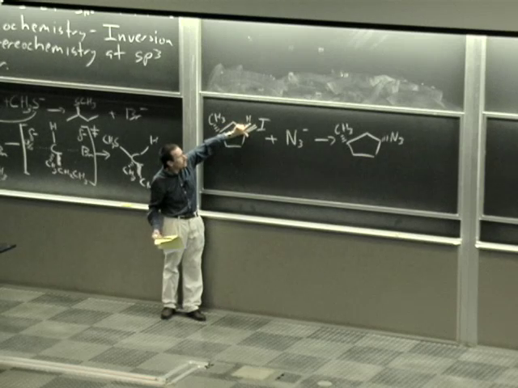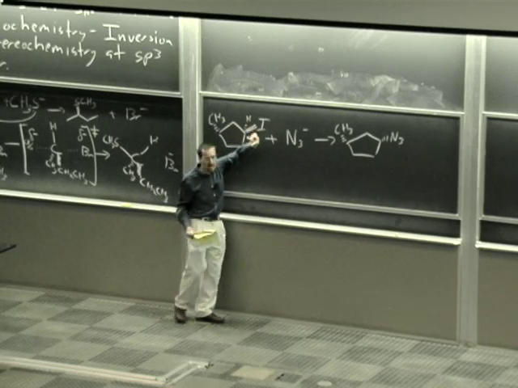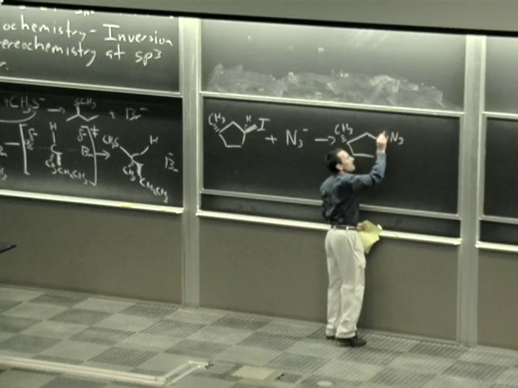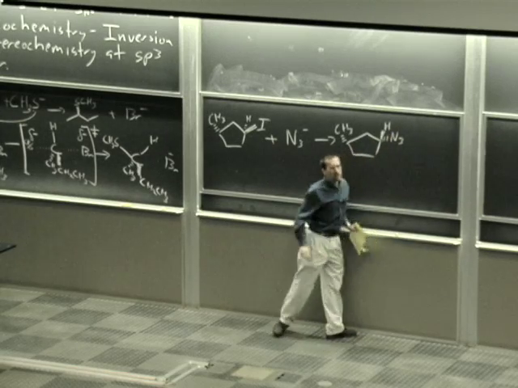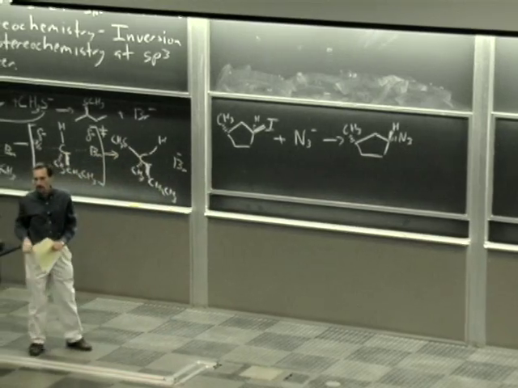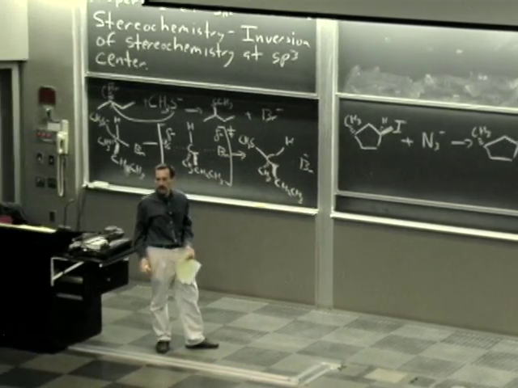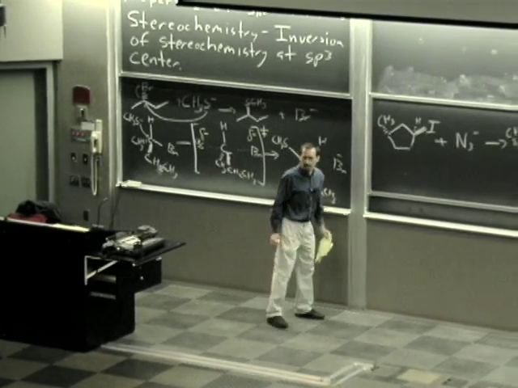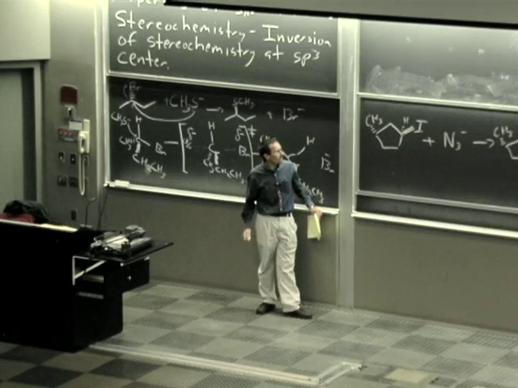In that transition state, hydrogen is lying in the plane of the blackboard. By the time we've gone through our transition state, now azide is behind, hydrogen is sticking out, very much in the same way that we had our inversion of stereochemistry in the thiomethyl example with the bromobutane, and very much as we saw in the animation.